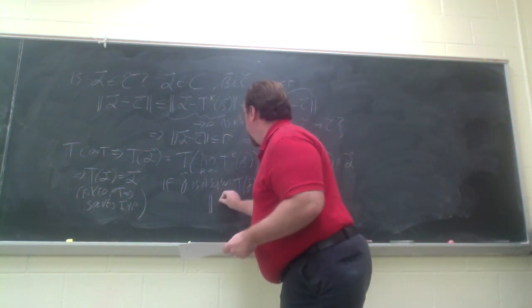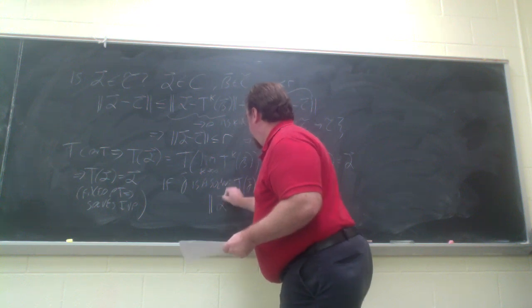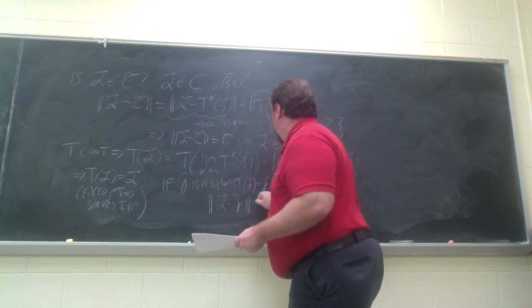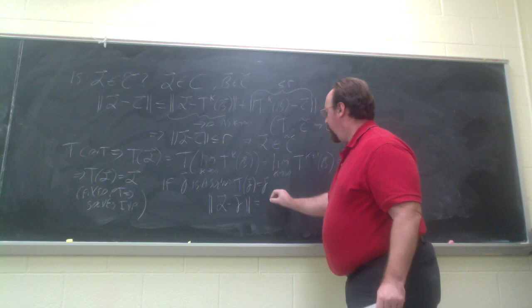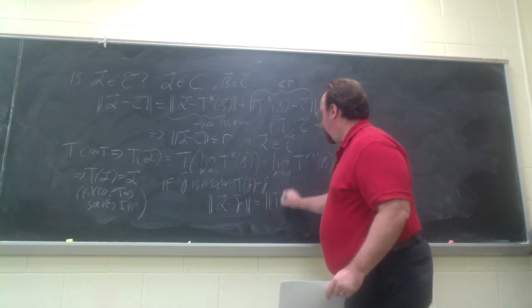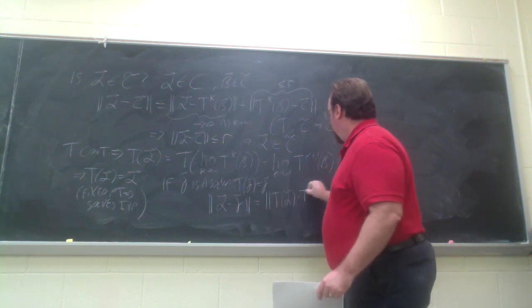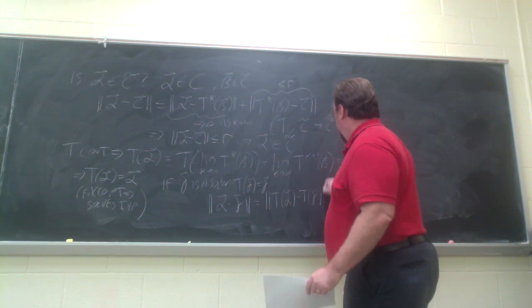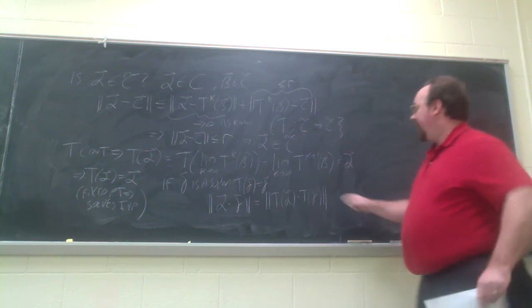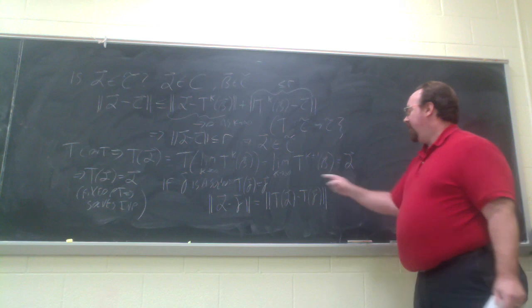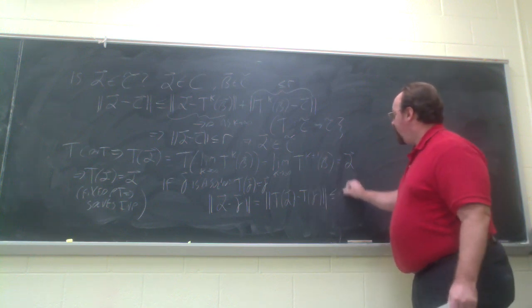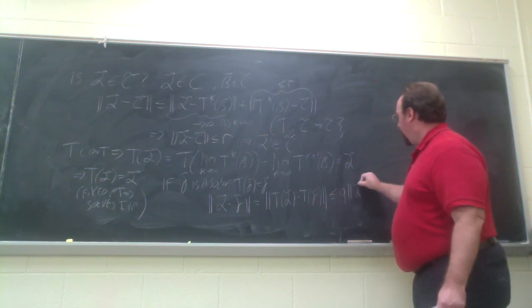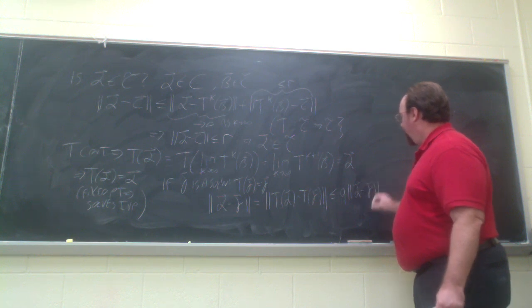Let's look at the norm of alpha minus gamma. Well, alpha and gamma are both fixed points, so that's the same as T of alpha minus T of gamma. But T is a contraction. This is less than or equal to Q times the norm of alpha minus gamma.